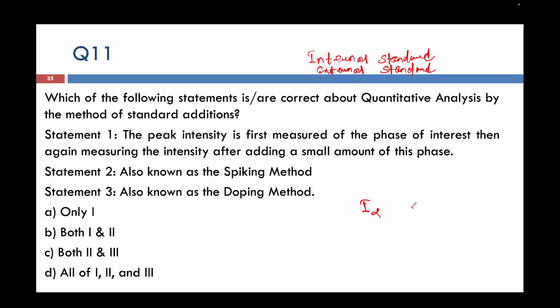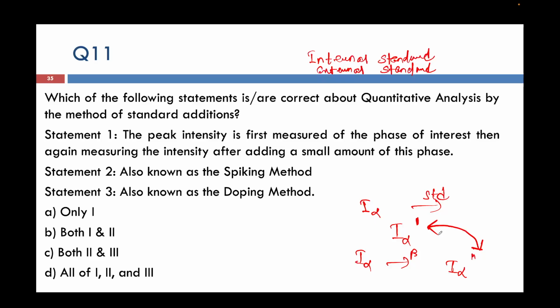Then I add a second material, beta, instead of the standard, and I get another intensity. By comparing the intensities, I do the calculation and get the volume fraction and weight fraction between them.